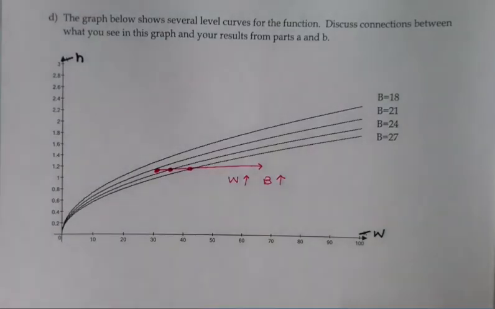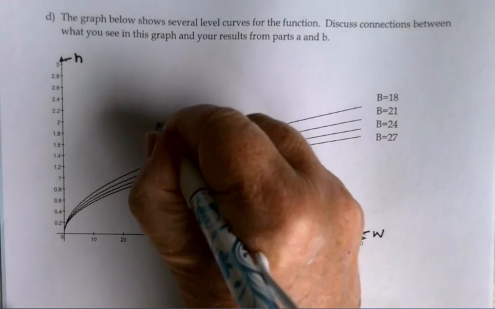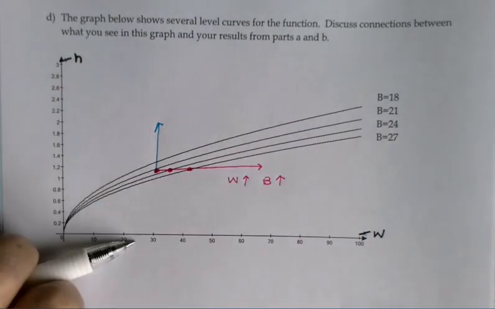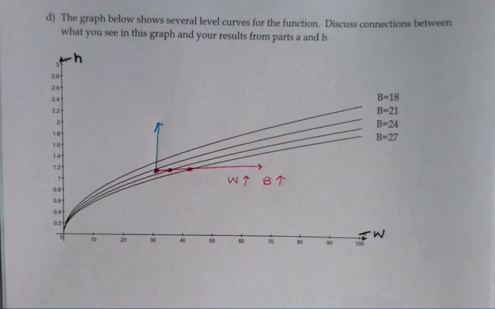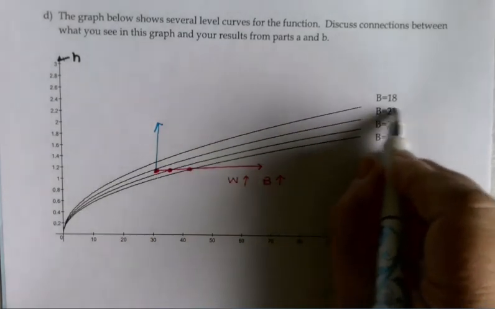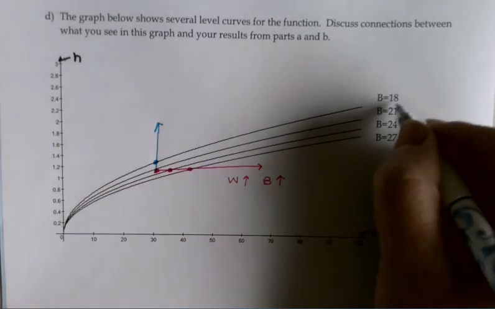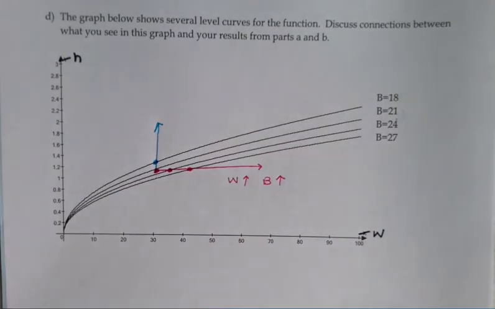What if we go the other way? What if we keep the weight constant, but we increase the height? This way, right? Weight staying constant at around 30, but we're going up in height. Notice here we started on the b equals 21 curve, but as we go up, we're now down to the b equals 18 curve.